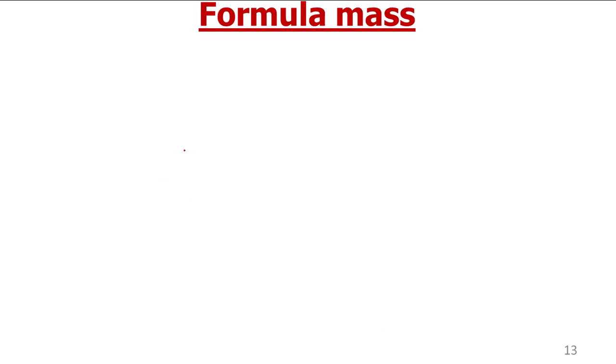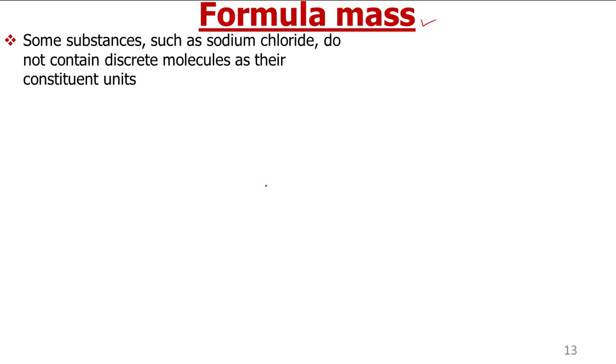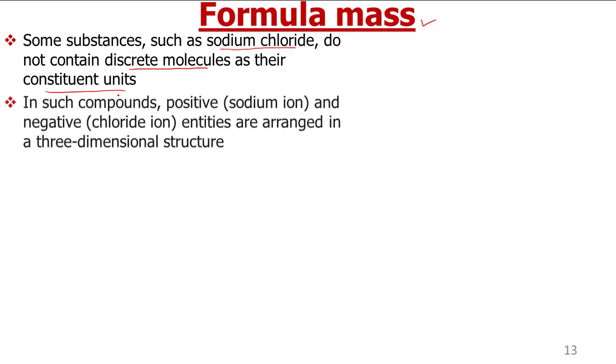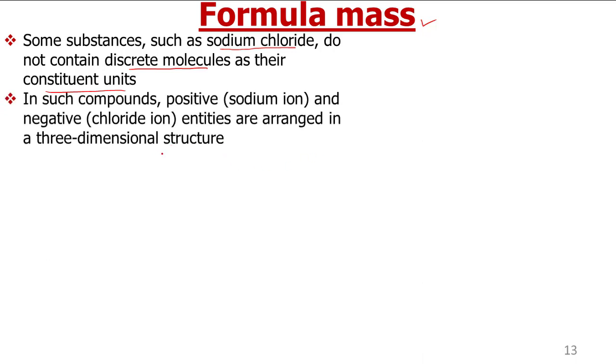Now similar to molecular mass, we have a formula mass, and this is used in some special cases like sodium chloride or any ionic compound which do not contain discrete molecules as their constituent units. In sodium chloride, it is a solid crystal structure. In this, sodium positive ions and negative chloride ions. So NaCl is an electrolyte.